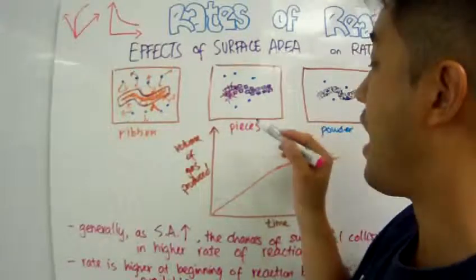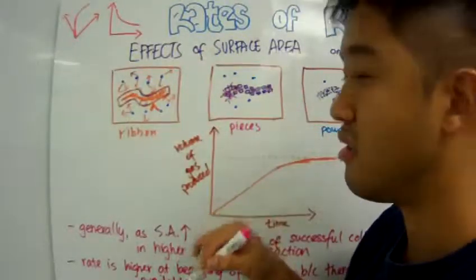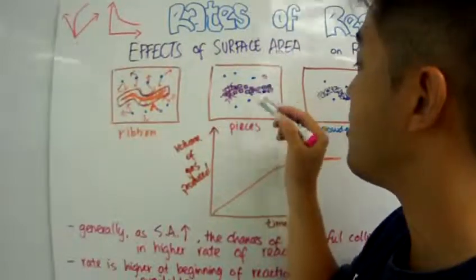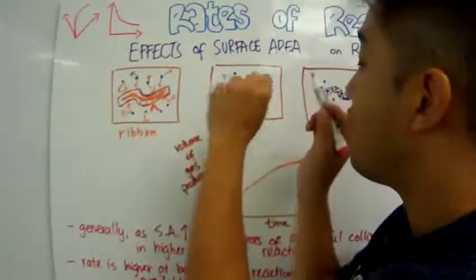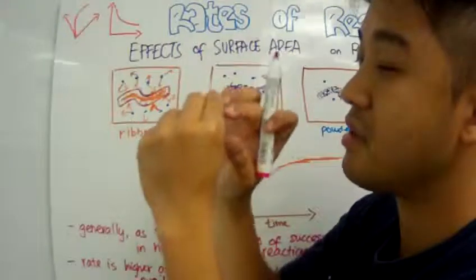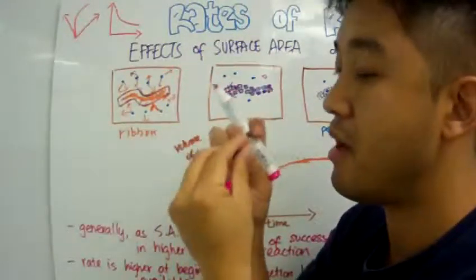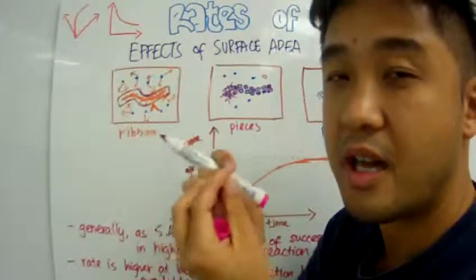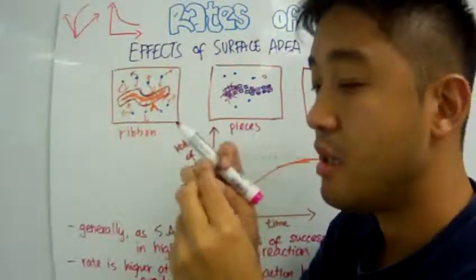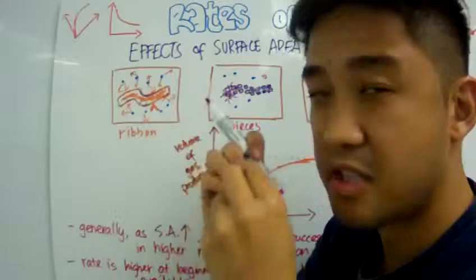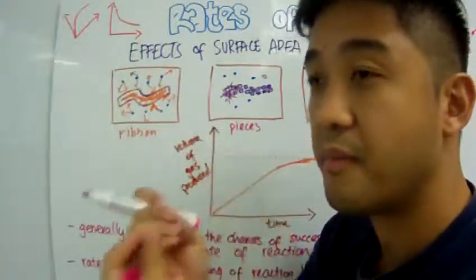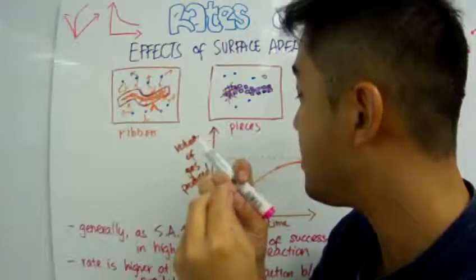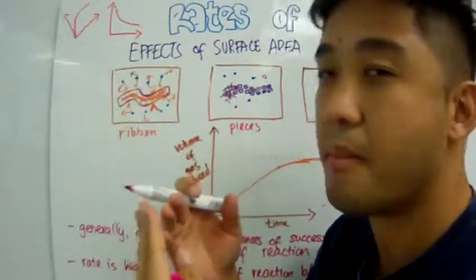Here, what happens is that the rate of reaction will increase because each piece of magnesium now has 4 sites or 8 sites that are exposed in the acid bath and are able to collide. The acid particles are able to collide with the magnesium pieces to form products.